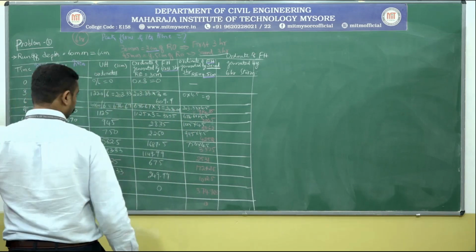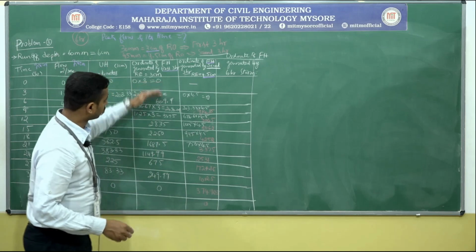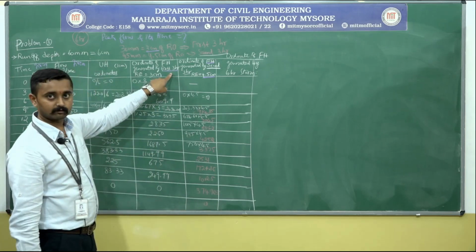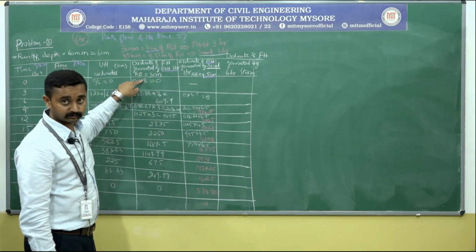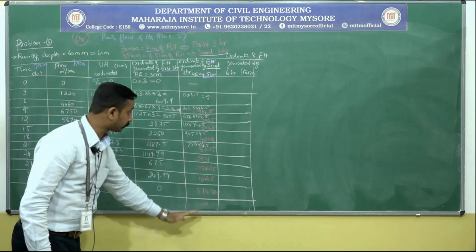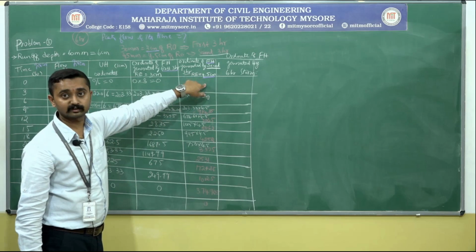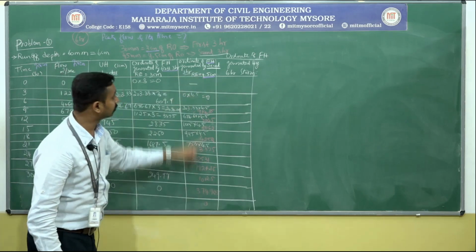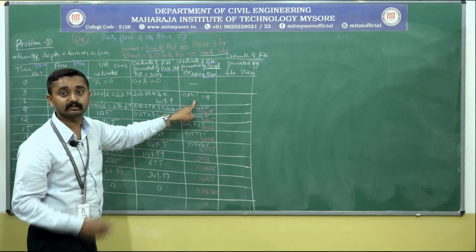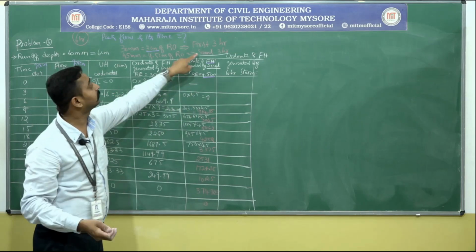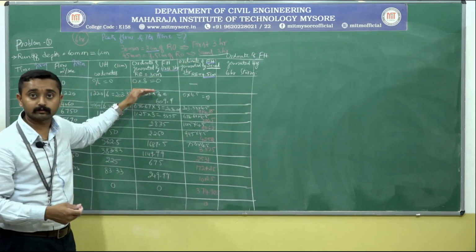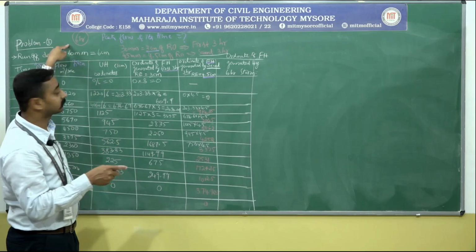Okay. Now these are the ordinates for the first 3 hours corresponding to the rainfall depth 3 centimeter. These are the ordinates for the second 3 hours corresponding to the rainfall depth 4.5 centimeter. But this ordinate is lagged by 3 hours because this is the second 3 hours. These are the ordinates for the first 3 hours.